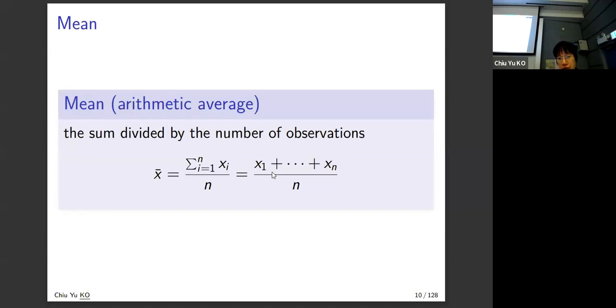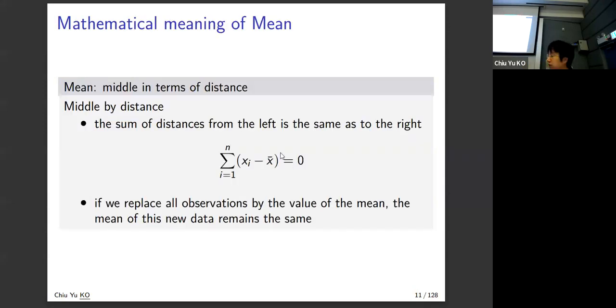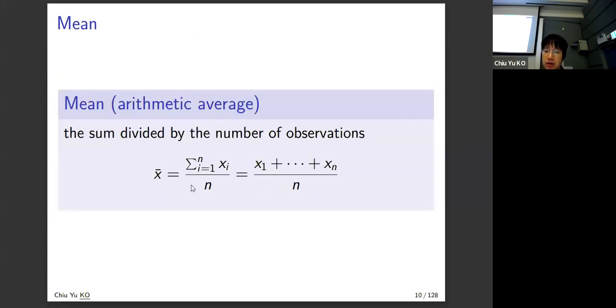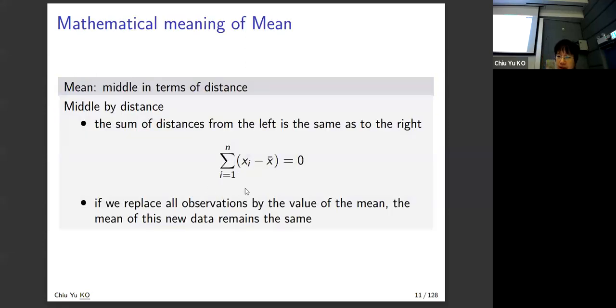Probably you want to know some properties of the mean. The mean is one way to measure the central tendency, so what is the center? If you rewrite the equation, it actually means that the mean is at the center of the data in terms of distance.